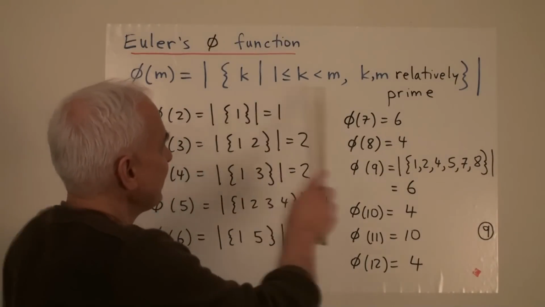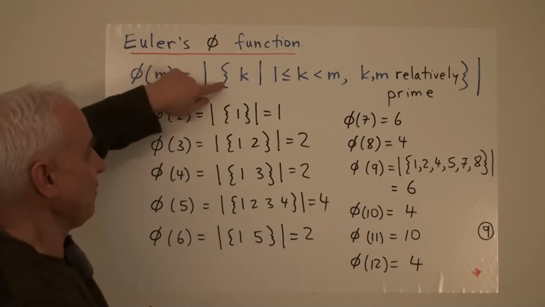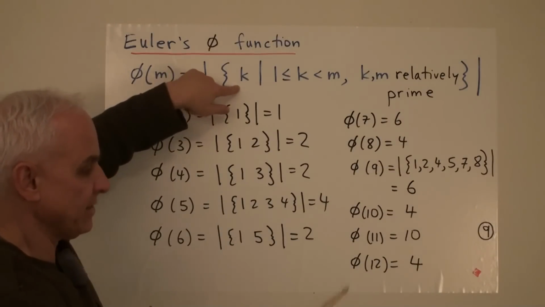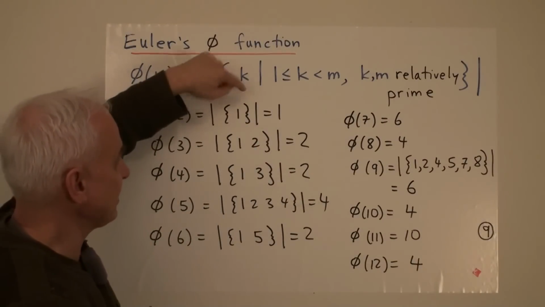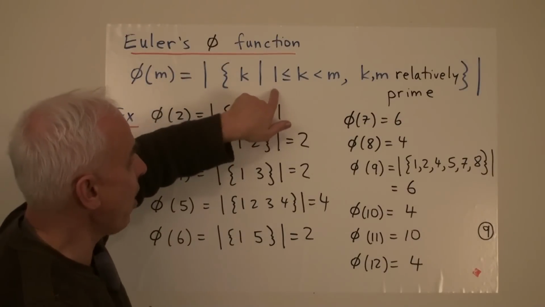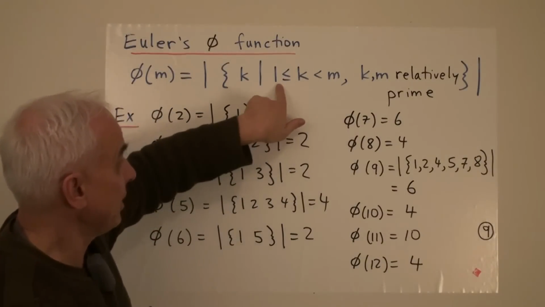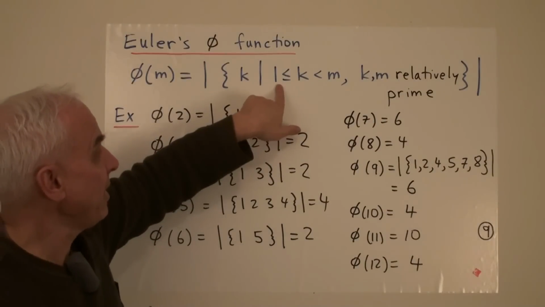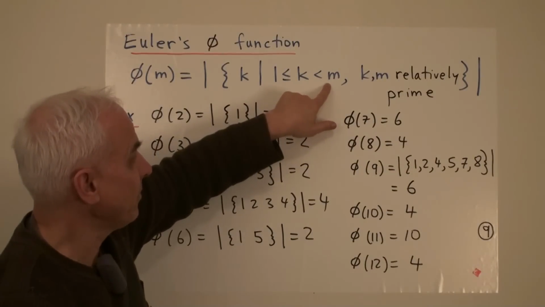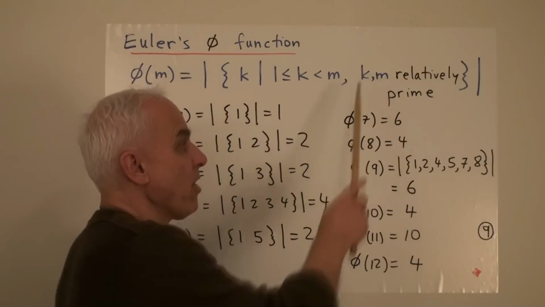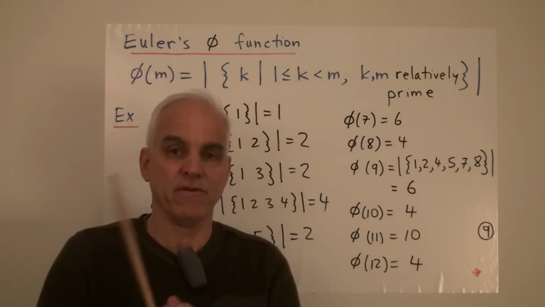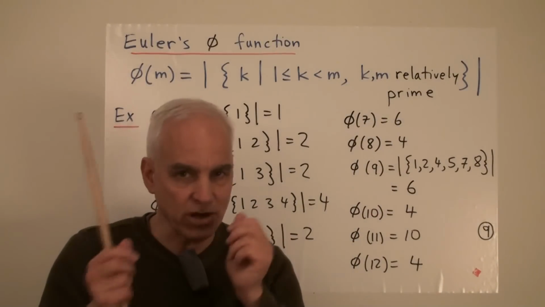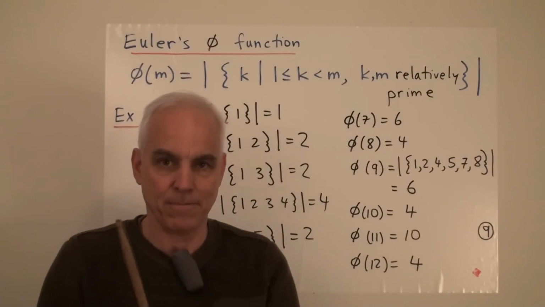So it's the size of a set, the set of k, where k is a natural number here, everything is a natural number unless I say otherwise, such that k is between 1 and m, including 1 possibly, but less than m, and such that k and m are relatively prime. And that means that they have no common factor, no common factor at all between k and m.